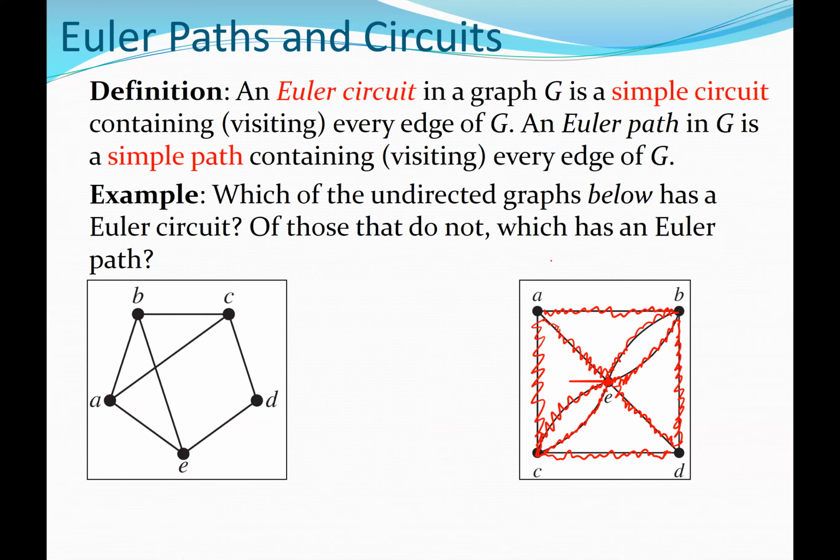We start at A, and then we end at D. So all the edges are visited, but we did not go back to A. So this one does have an Euler path, but it doesn't have an Euler circuit.